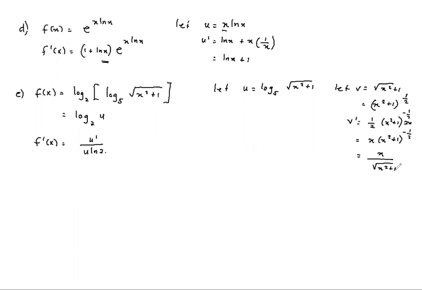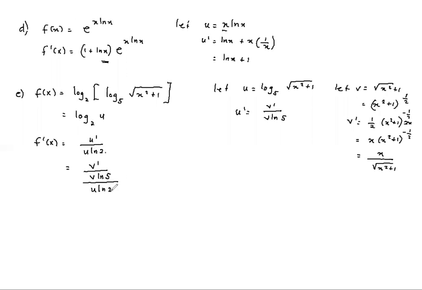That's the derivative of v. Now, when we differentiate u, following that same generalized formula, this is going to be v prime over v ln 5. That is u prime. So when we come back where there is u prime, we are taking v prime over v ln 5 and then dividing by u ln 2.